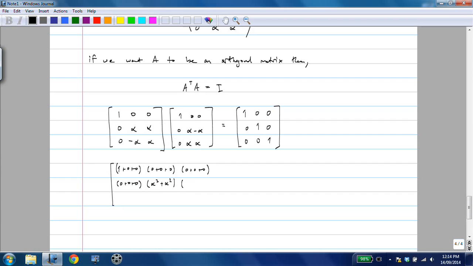And then now we'll have minus alpha squared plus alpha squared. And then for the last row, we will have 0 plus 0 plus 0 once again. And then we will have negative alpha squared plus alpha squared. And here we will have alpha squared plus alpha squared. The minuses will cancel out. And this is still equal to our identity matrix.